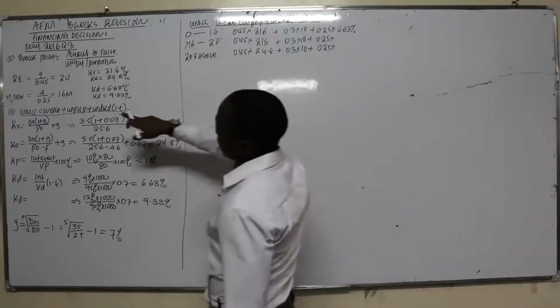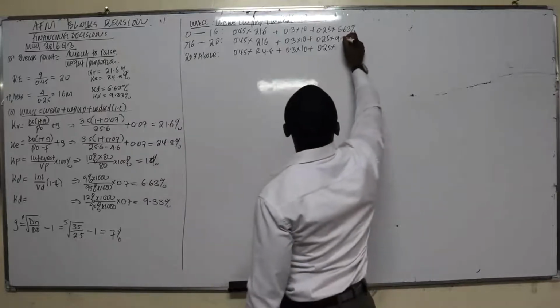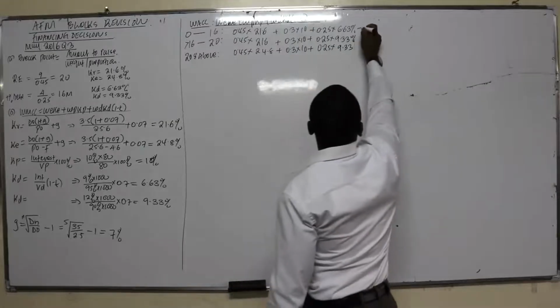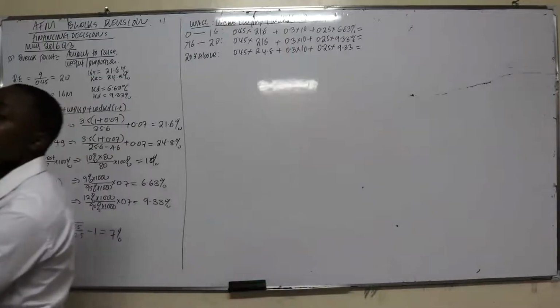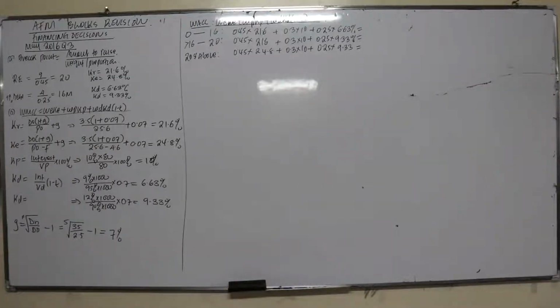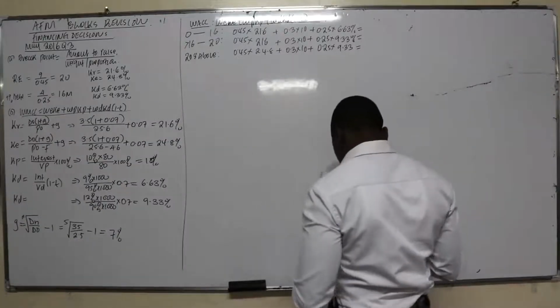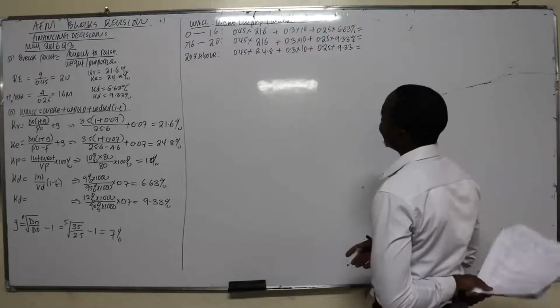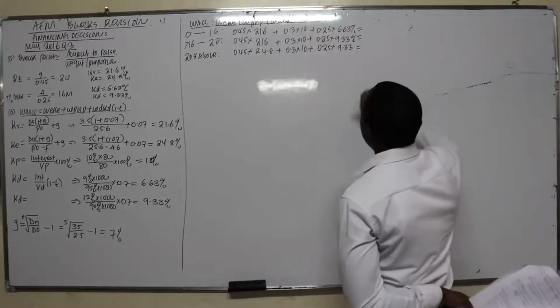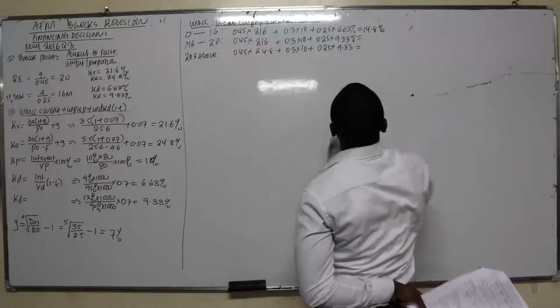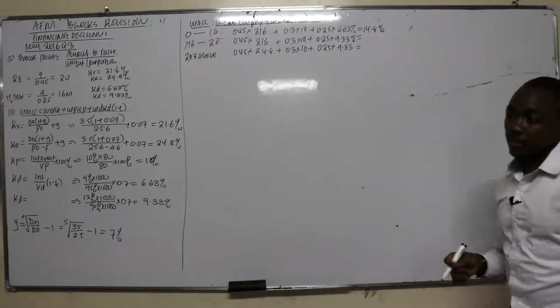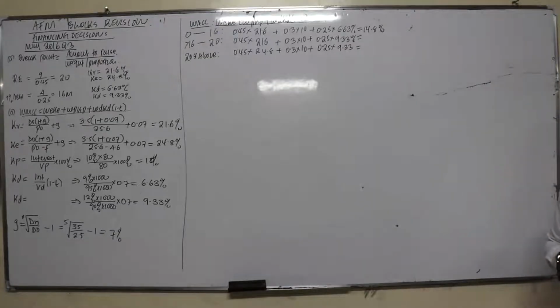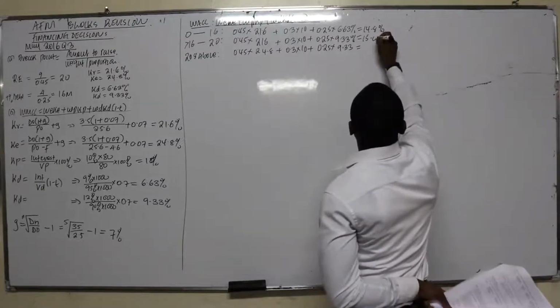If it exceeds 16, we use the other one, more expensive at 9.33. The WACCs are 14.8% and 15.05%.